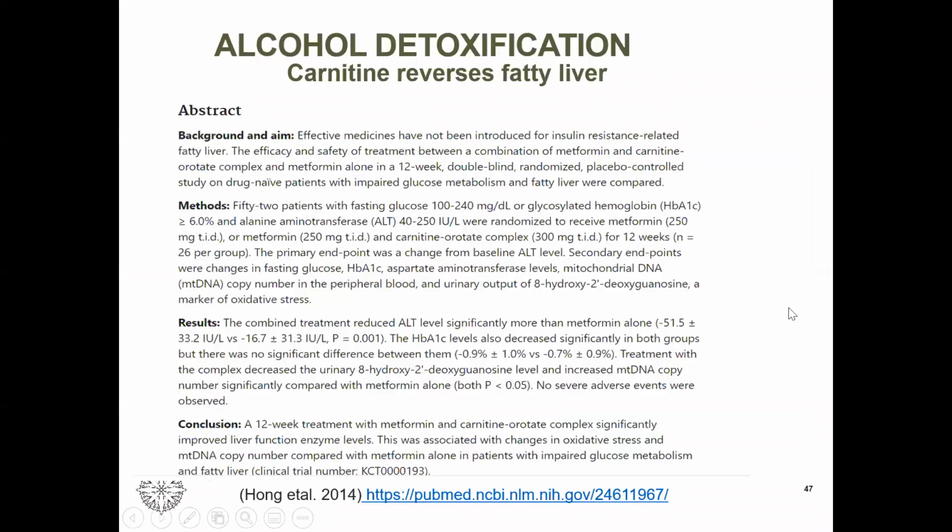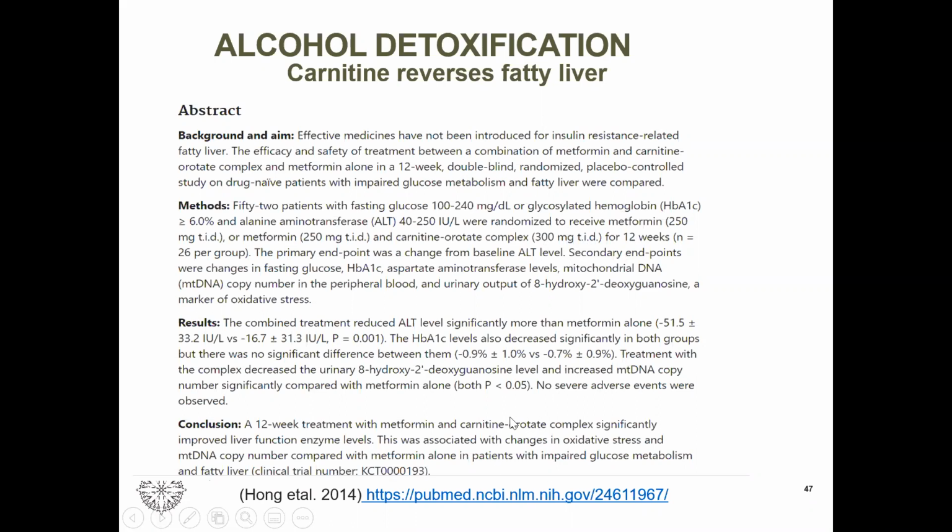So just a screenshot of an abstract from an article by Hong et al., published in 2014. Now, this is a very small study, just for 12 weeks, but I have listed it here because it directly shows that by giving some carnitine supplements, carnitine orotate in this case, about 300 milligrams thrice a day, the changes in the liver enzymes are remarkable.